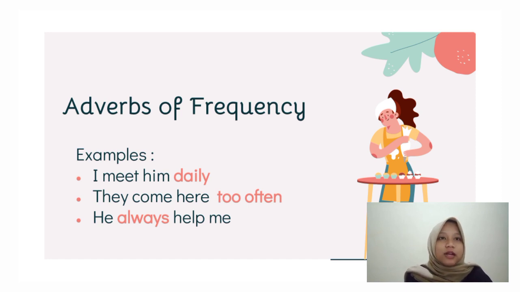And the next one is, they come here too often. Of course, the adverb of frequency here is too often. And the last one is, he always helps me. And the adverb of frequency here is the word always, the second word in the sentence.